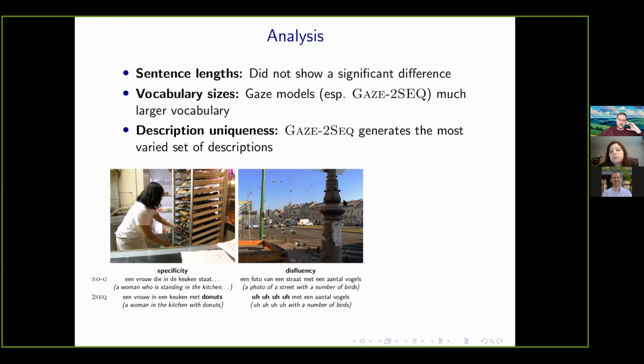We went back and looked at the references, at what people said, and indeed they were also uttering these filler sounds. So we speculate that there could be something in the gaze modality that gives us a hint about cognitive load or some uncertainty about this image, some hesitation.